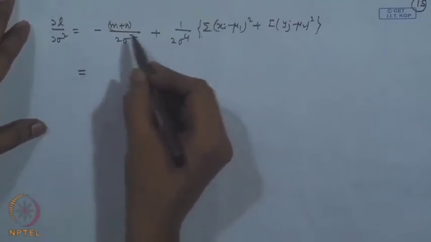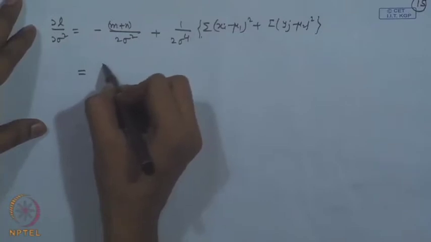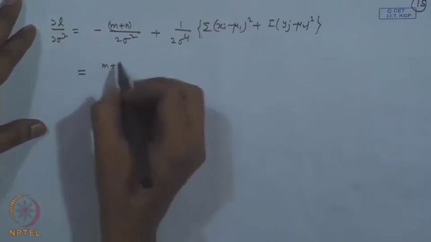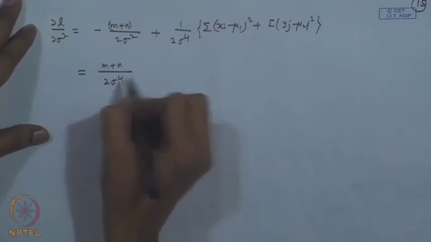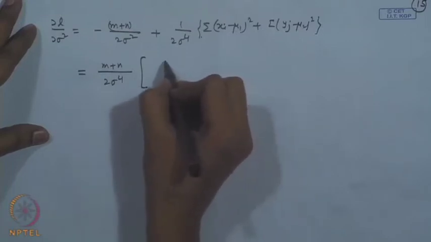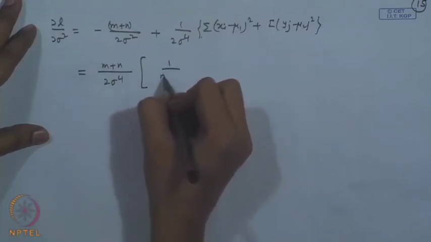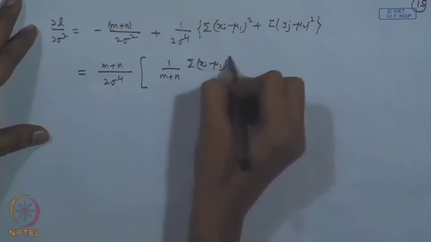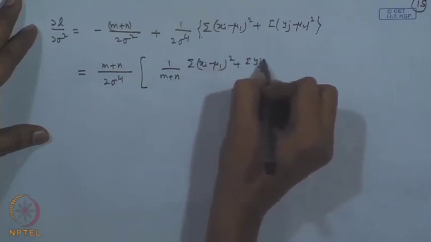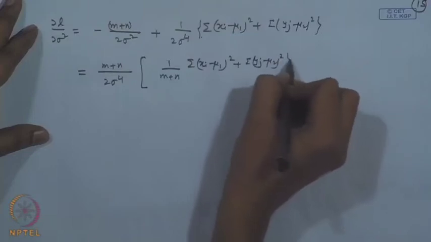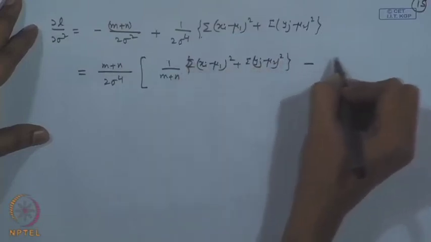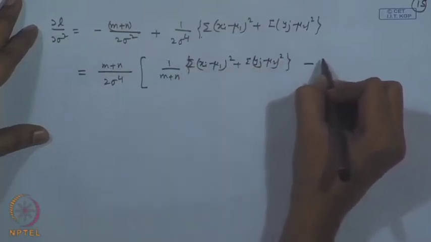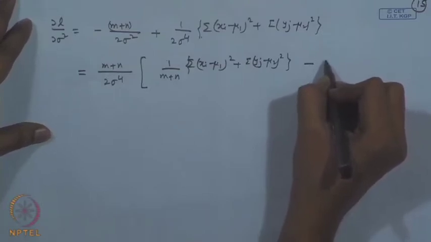If I take (m plus n) by 2 sigma to the power 4 out, then I get 1 by (m plus n) times the sum of (xi minus mu1) square plus the sum of (yj minus mu2) square, minus sigma square.